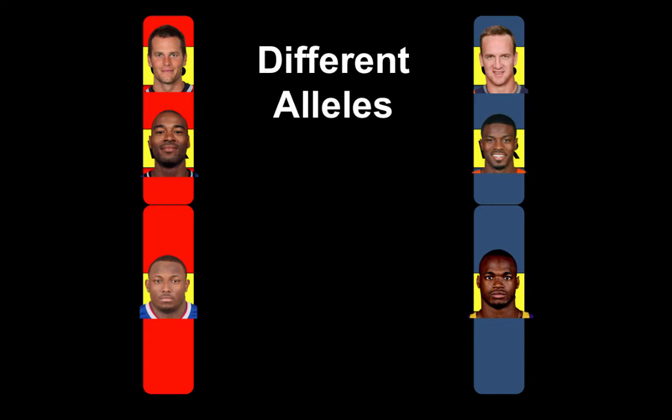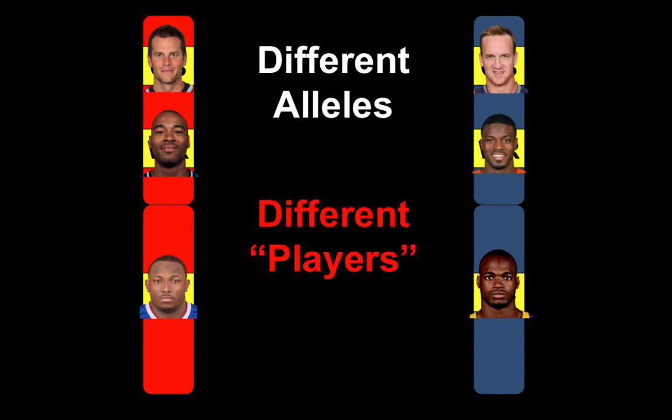Now, even though these chromosomes have the same genes, they don't necessarily have the same players. So for every one of these positions, we could actually have a different player. And those different players are different alleles. So if you think of genes like positions and alleles like different players, I think it makes a lot of sense.